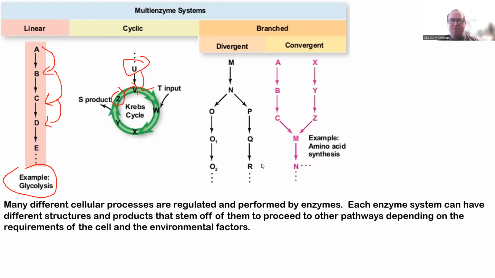And then finally we have branched multi-enzyme systems, which can be divergent. So this is, again, creating a product. This product is usually hydrolyzed into two other products, and then those two products are met by two separate enzymes, and they undergo different biochemical pathways. And then there are convergent ones. This is a great example of amino acids, because again, amino acids or even nucleic acids.